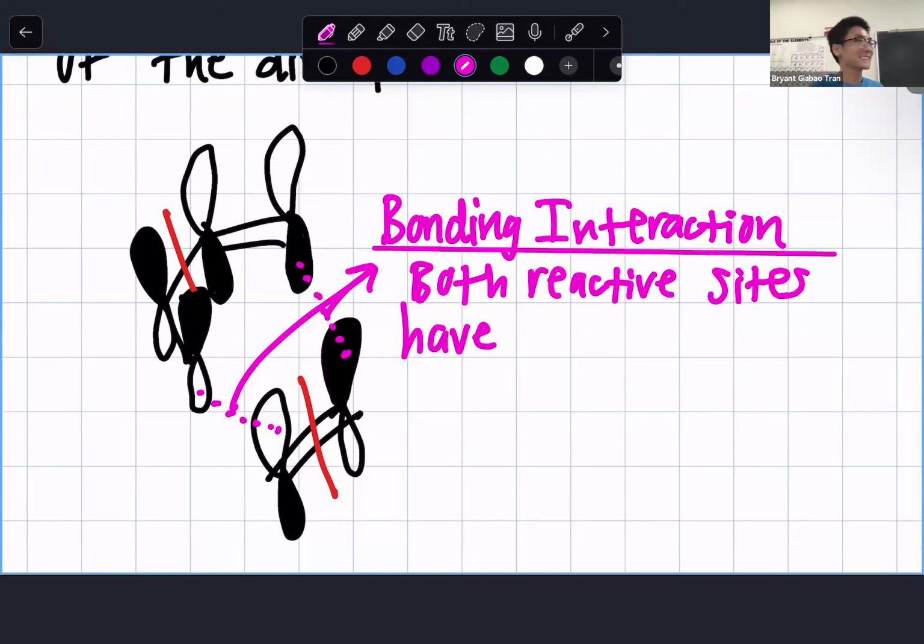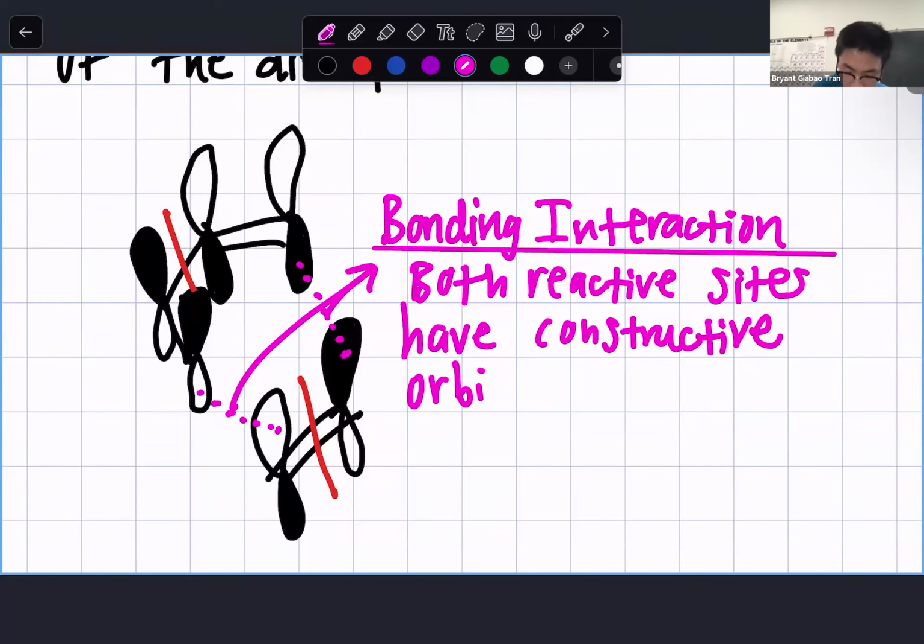You guys took physics, I think it's like constructive something with the waves, with physics 7C, I think. Yeah, constructive interference, right? Constructive interference, which makes the reaction more favorable. Have constructive orbital overlap, constructive interference, orbital overlap between the lobes of the p orbital.